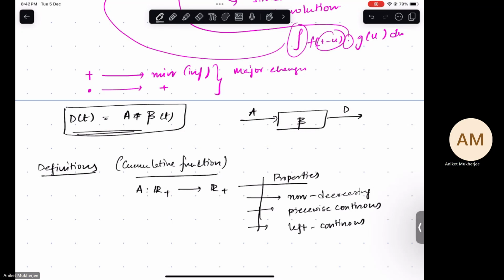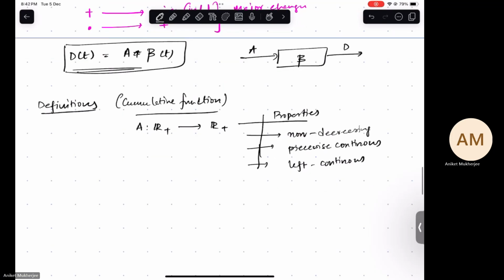And what we'll write is A(t) is the total amount of data that has arrived in the interval 0 to t. Total amount of data arrived in this interval.